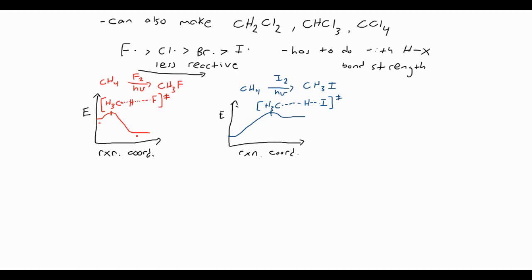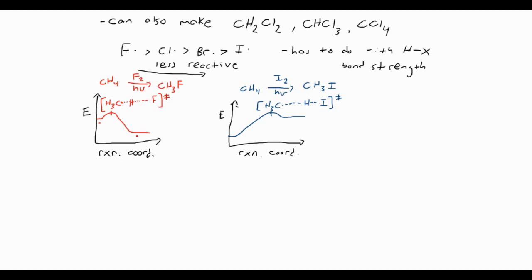And that is for the same reason as the other one. The HI bond is very weak because iodine is so large and it's not very electronegative. So that HI bond is weak, so hydrogen needs to be a lot farther from the carbon in order to feel maybe the pull from the iodine atom.